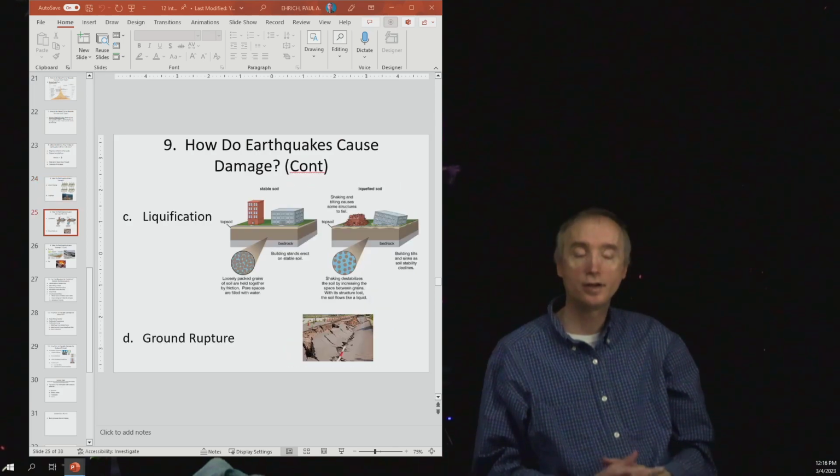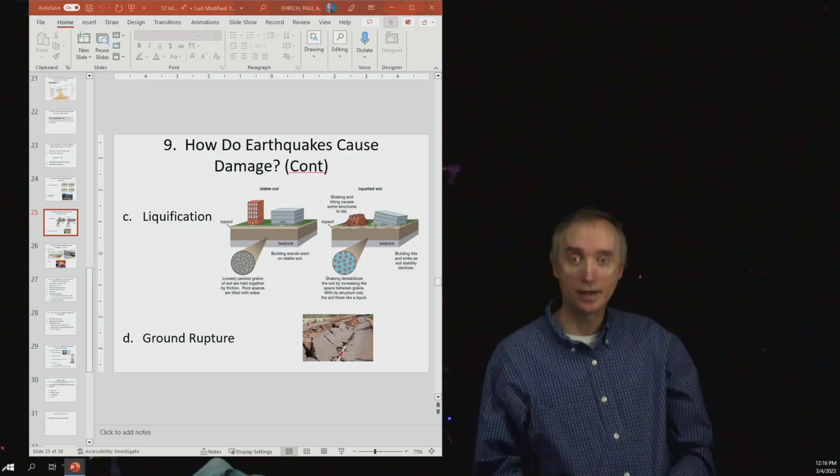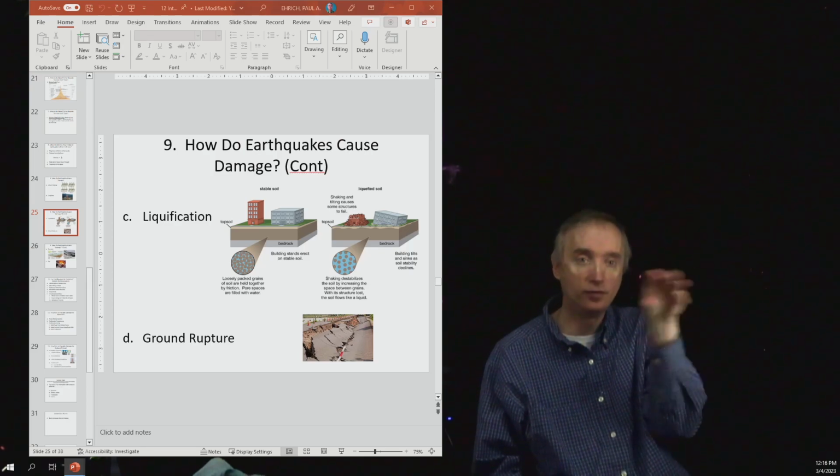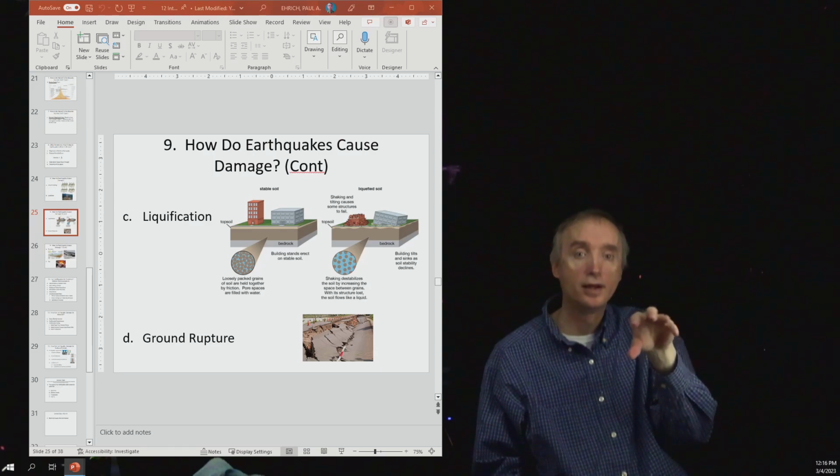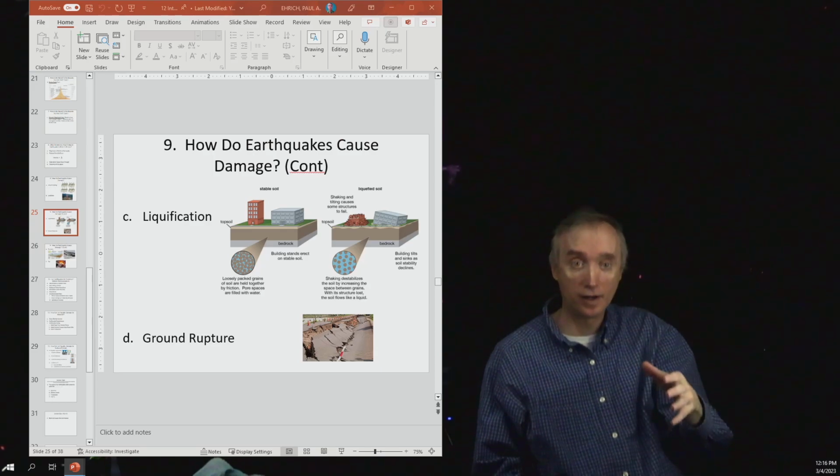Okay, another thing is called liquefaction. This happens whenever you've got soils that have lots of water in them. When the earthquake occurs, it vibrates that water so that the soil can actually liquefy.